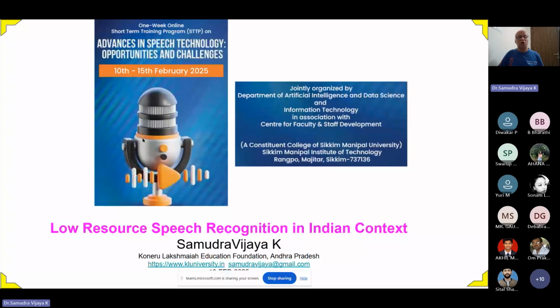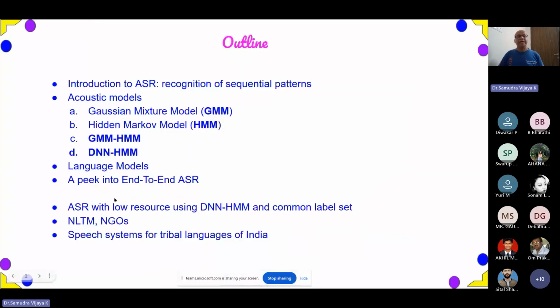The focus is on low resource. And then we'll also talk about the deep neural networks, which have been very successful in implementing various speech systems with a high degree of accuracy and usability.